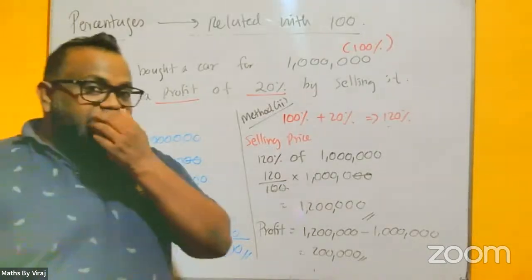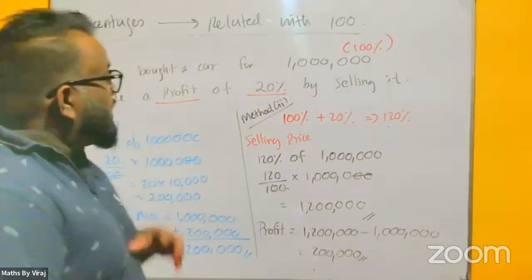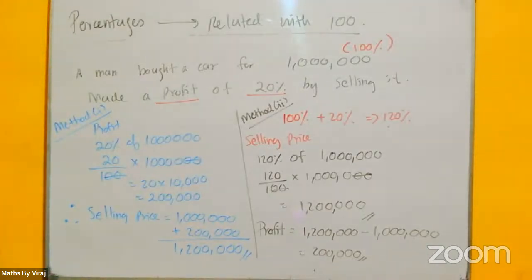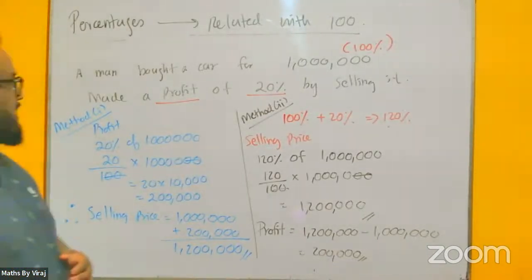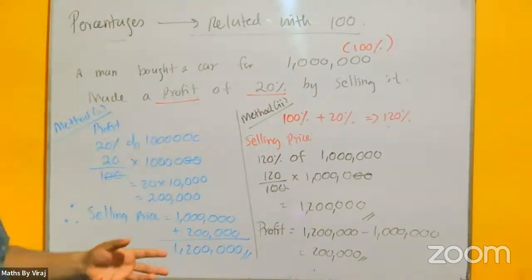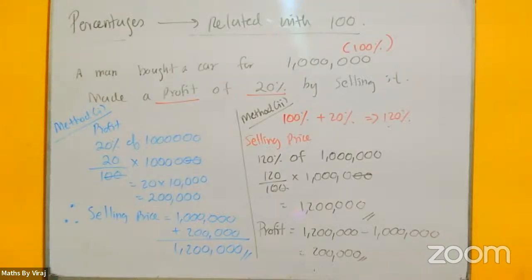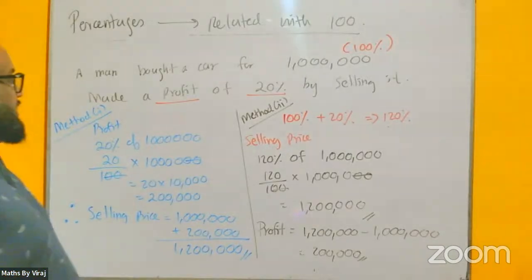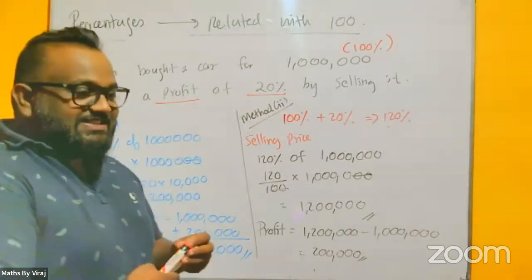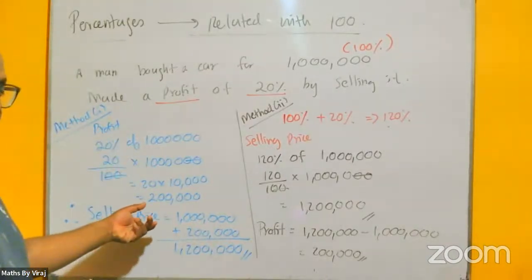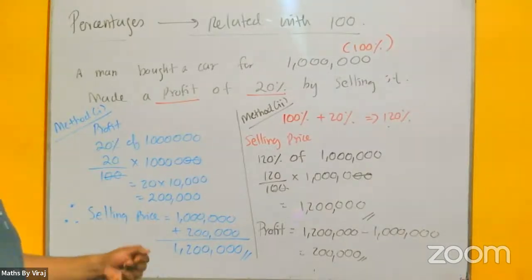I need you to understand the two basic concepts here. What are the two basic concepts? Understand the fact that percentage calculations are related with 100. And if something is bought for some value, the initial expenditure is considered as 100%. If a profit of 20% is made, I can find the profit first, add it up to the original value and find the selling price. That is method number 1.